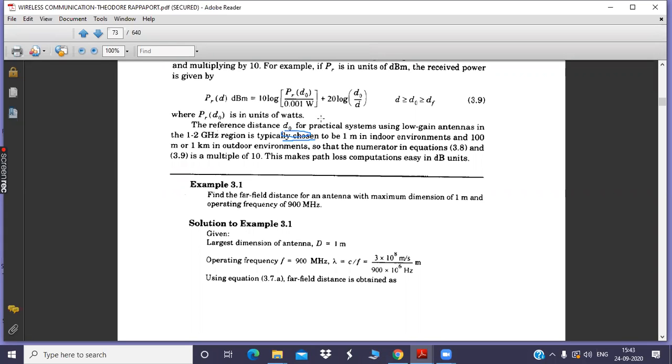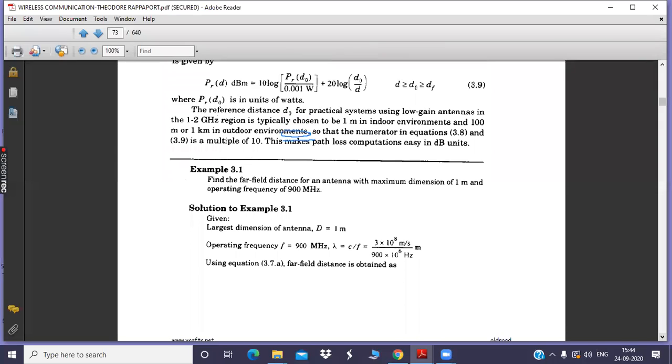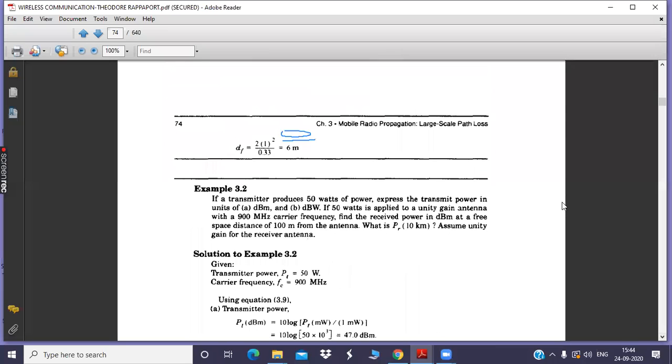What will be the value of lambda after simplifying this? 0.33, sir. 0.33 or 1 by 3? 1 by 3. Okay, fine.